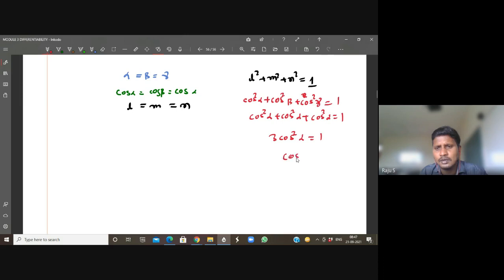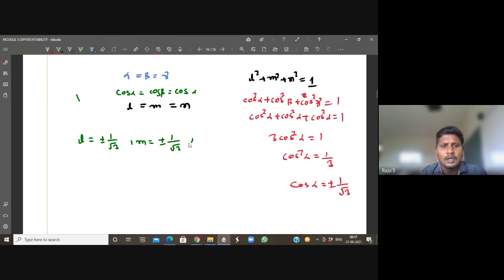Then cos square alpha is equal to 1 by 3. Then cos alpha is plus or minus 1 by root 3. Therefore, the direction cosines are L is equal to plus or minus 1 by root 3, M is equal to plus or minus 1 by root 3, and N is equal to plus or minus 1 by root 3. Okay, L having two values, M having two values, N having two values.